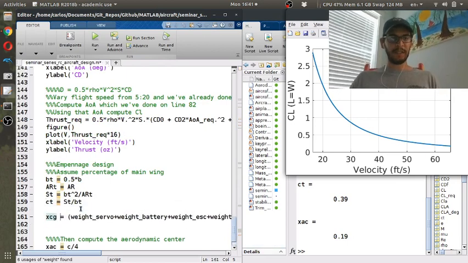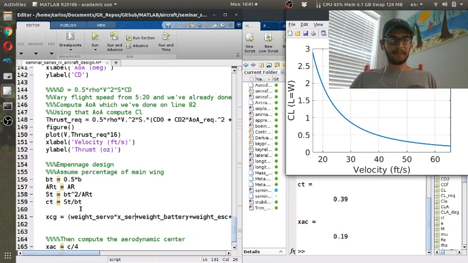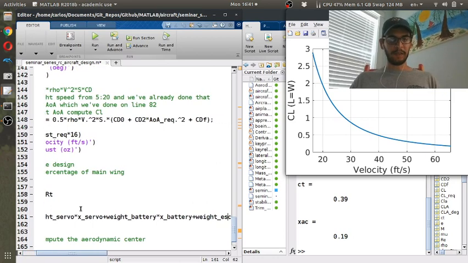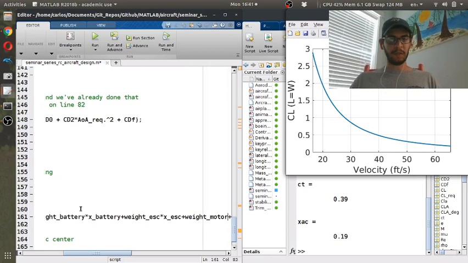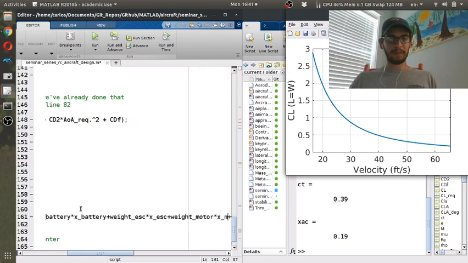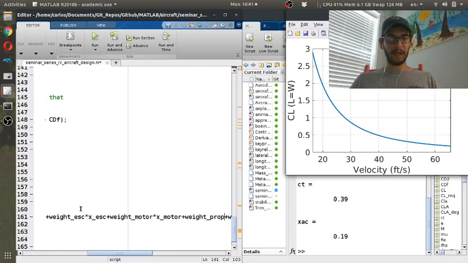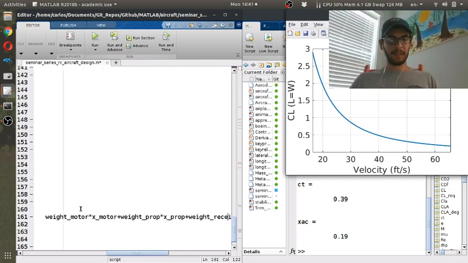So XCG is weight of the servo times X of the servo, plus weight of the battery times X of the battery, weight of the ESC times X of the ESC, weight of the motor times X of the motor, weight of the prop times X of the prop, weight of the receiver times X of the receiver, weight of the control horns and rods times X of the control horns and rods, plus weight of the fuselage times X of the fuselage.